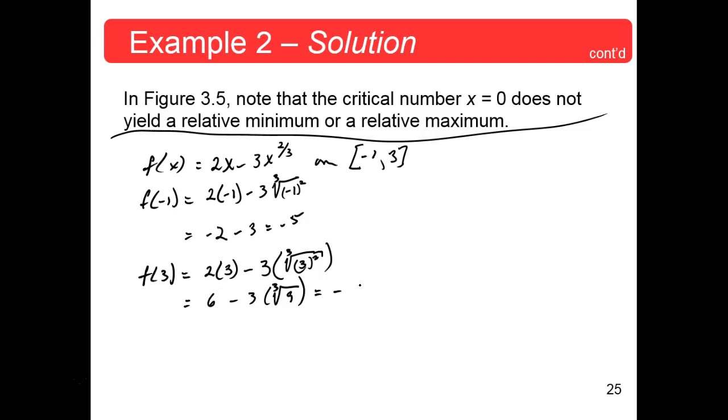The whole thing, 3 times the cube. Yeah, but the cube root of 9 is just a little bit more than 2. And then times 3 is just a little bit more than 6. Then do 6 minus that. So negative 0.24.